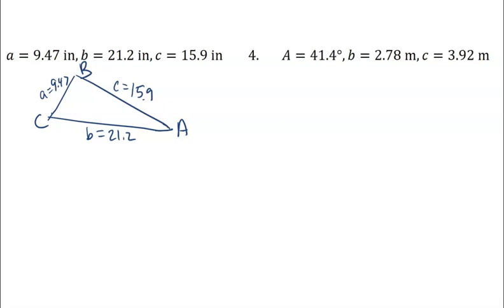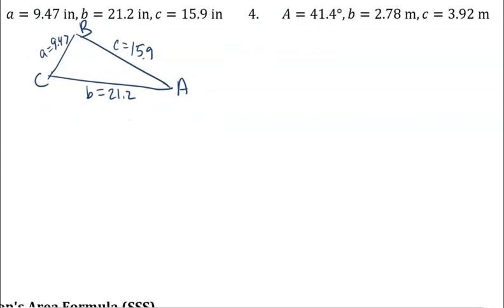Okay. So we have all three side lengths. We do not have any angles. So law of cosines to find, first of all, the largest angle. The largest angle is going to be angle B because it's across from the biggest side. So cosine of B is equal to the sum of the squares of the adjacent sides, so 9.47 squared plus 15.9 squared minus the square of the opposite side, 21.2 squared.